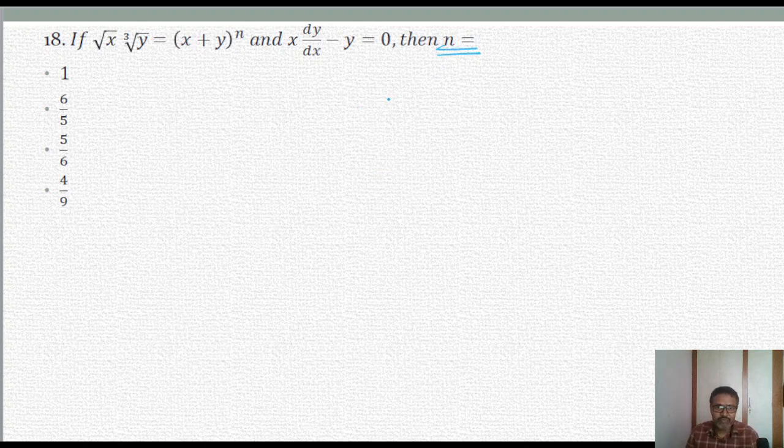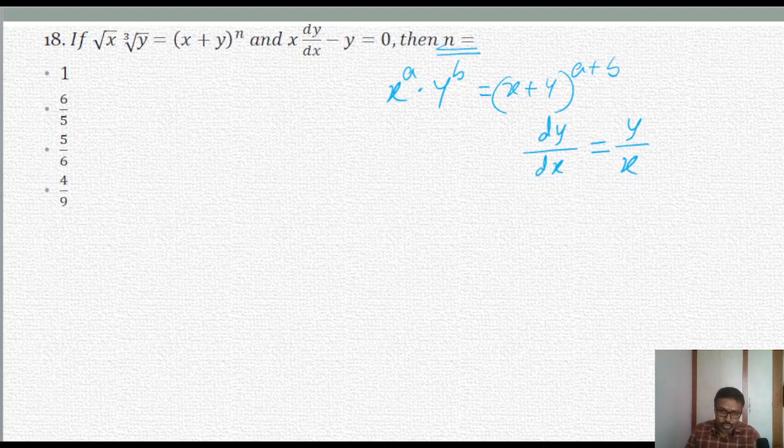The condition is, if you have an equation like x to the power a, y to the power b is equal to x plus y whole to the power a plus b, then no need to solve anything. For these kinds of equations, our dy by dx is always y by x. If you know this, this is enough for us to solve for n in this question.